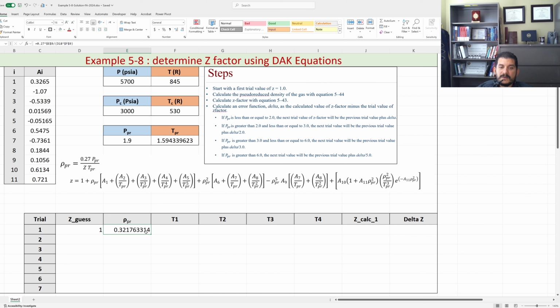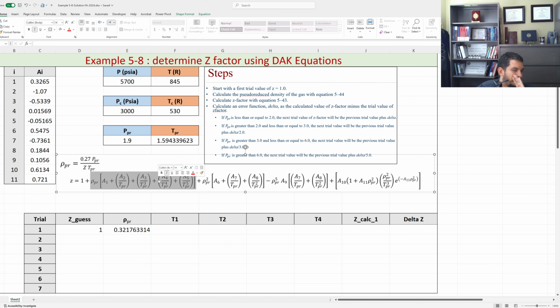So this is our pseudo-reduced density, which we'll use in this equation. If you see this equation, it consists of 1 plus the long term, plus the second term, minus the third term, plus the fourth term. To simplify it, I assumed each of those to be t.